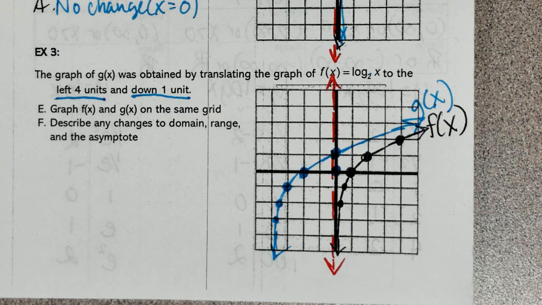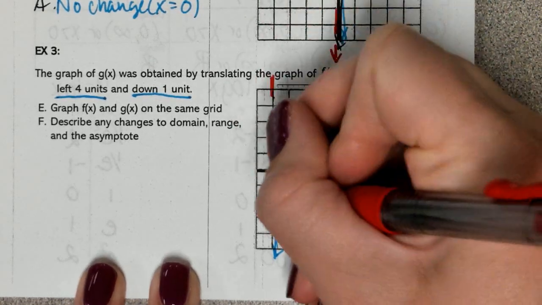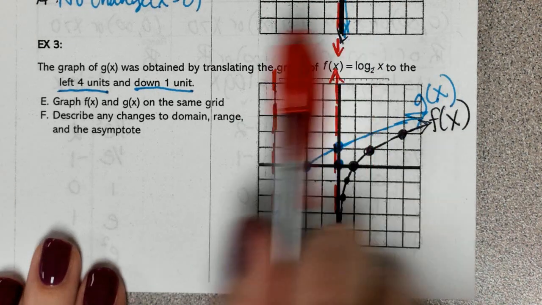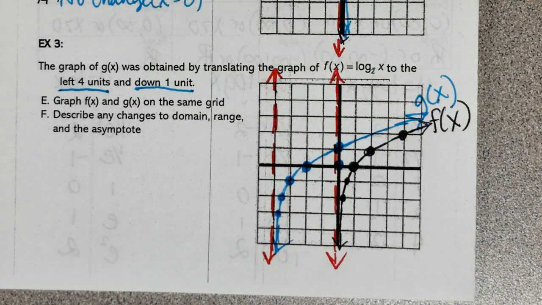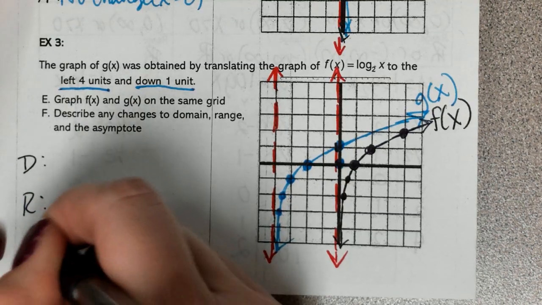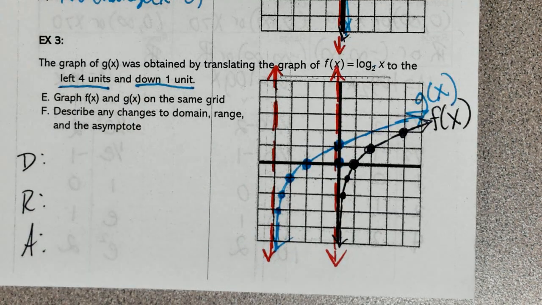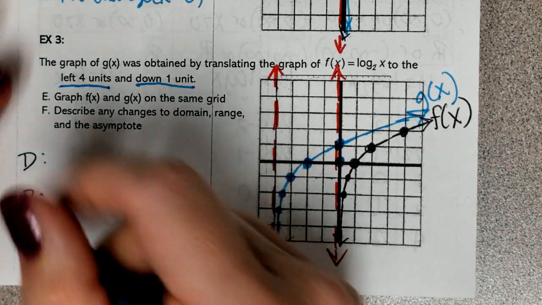Okay, it looks like we have a new asymptote, right? Let's see where that is. If all the points moved left, then that means the asymptote also moved left, okay? So if I figure out domain, range, changes to each of these things, okay, so moving left 4 and down 1 changed my asymptote.